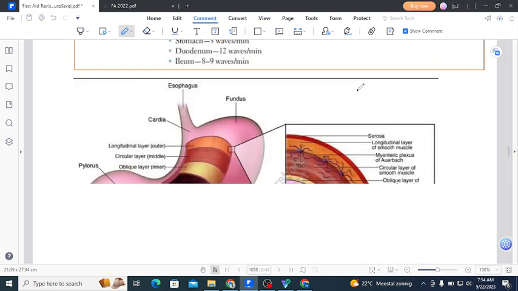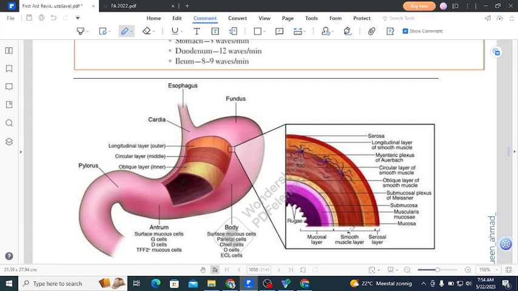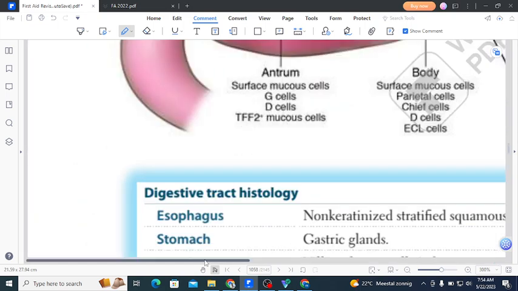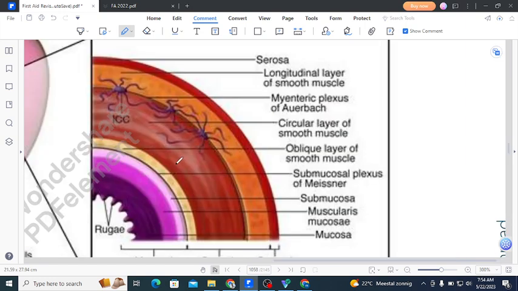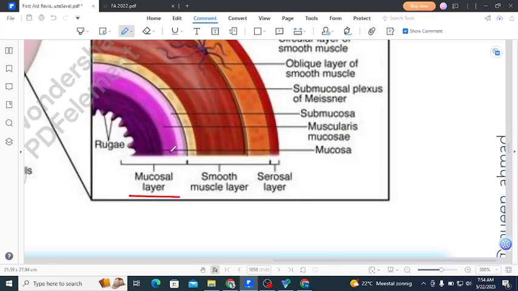It secretes fluid. If I could show you in this picture, it is a good picture. Here they have shown the mucosal layer, which is formed by the mucosa. They have not shown the lamina propria, but they have shown the muscularis mucosa, a very fine layer of muscle present inside the mucosa.